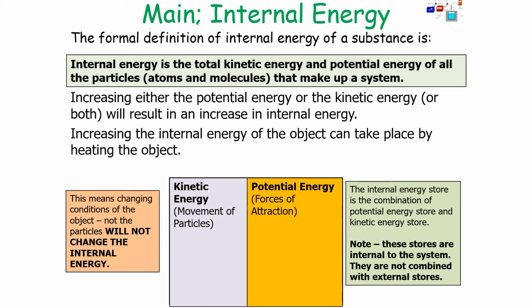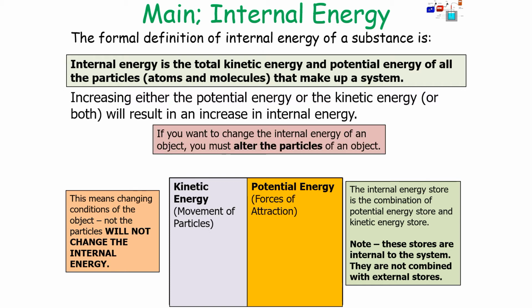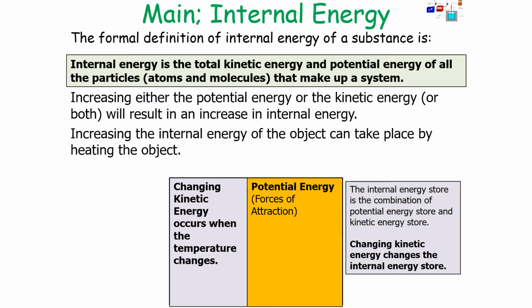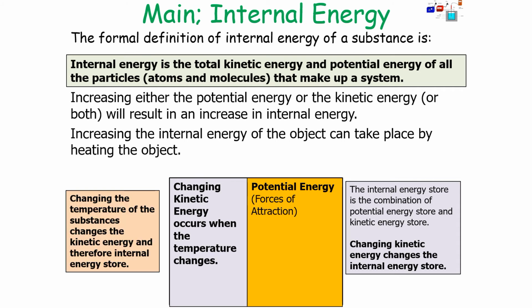It's important to note that changing the conditions of the object will not change the conditions of the particles, so will not change the internal energy, because these stores are internal to the system. They're not the external stores you've covered previously. So if you want to change the internal energy of an object, you must alter the particles of an object. If we want to change the kinetic energy store, we have to change the temperature. So this will also change the internal energy store.